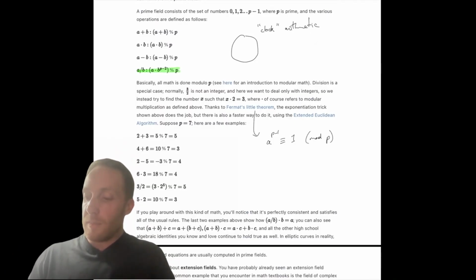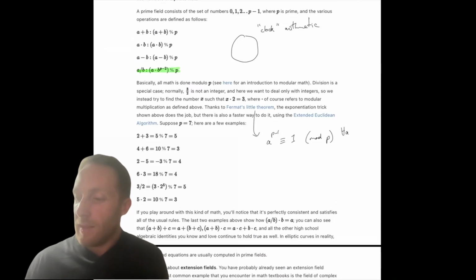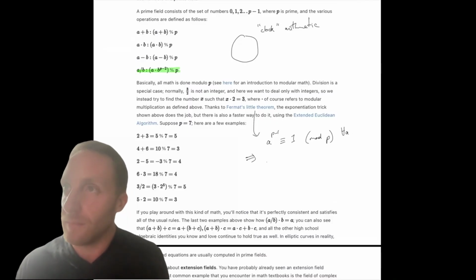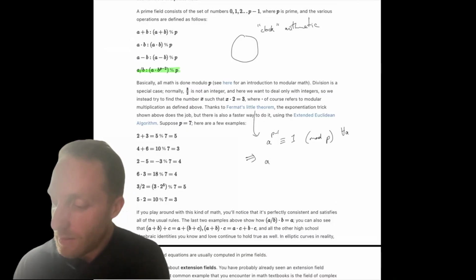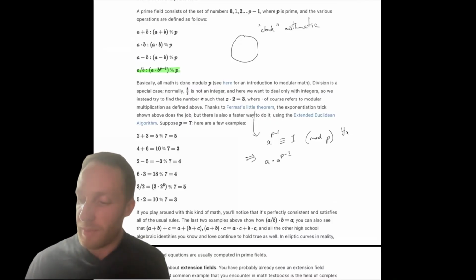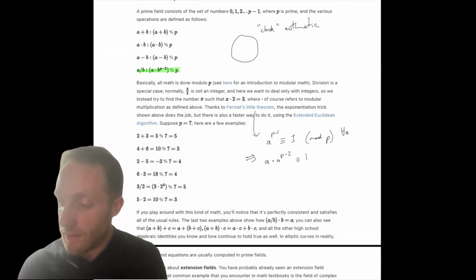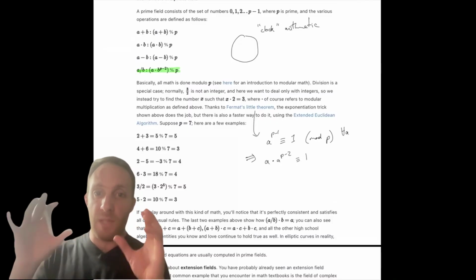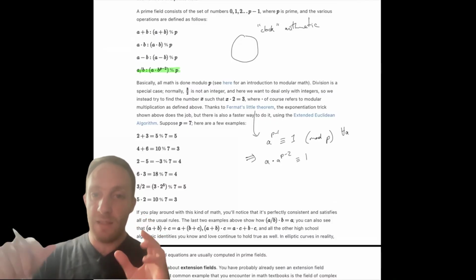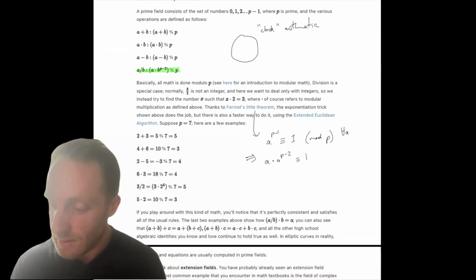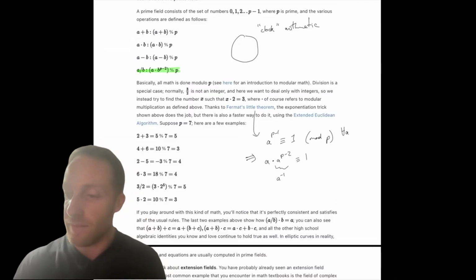So for all A's, if you do A times A to the p minus 2, this is just A to the p minus 1, which is equivalent to 1. And when you have two elements that you can multiply and give you back the identity, it means that this is A to the minus 1. So this is the inverse.